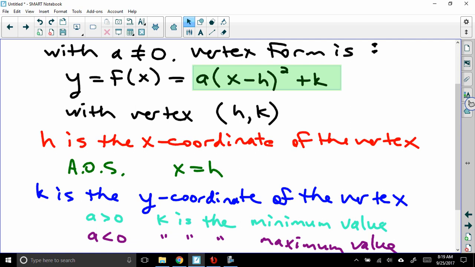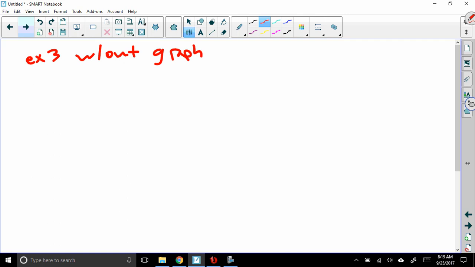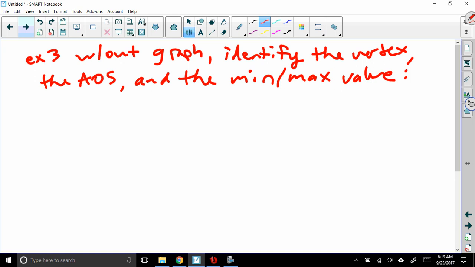We ready to see this in action? All right, so I think we're on example 3, right? Example 3, without graphing, identify the vertex, the axis of symmetry, and the min or max value. And we'll do a couple of these. Example 3a, 3b, 3c.